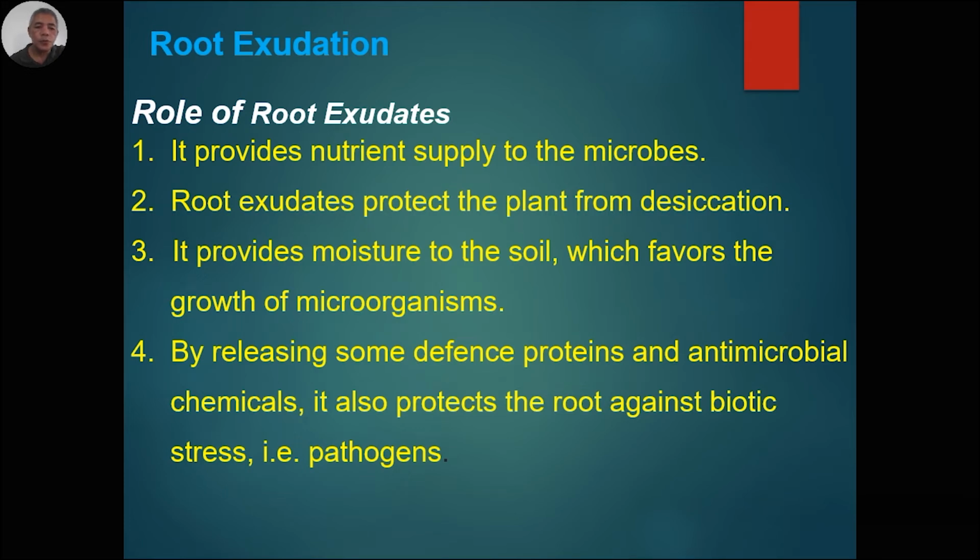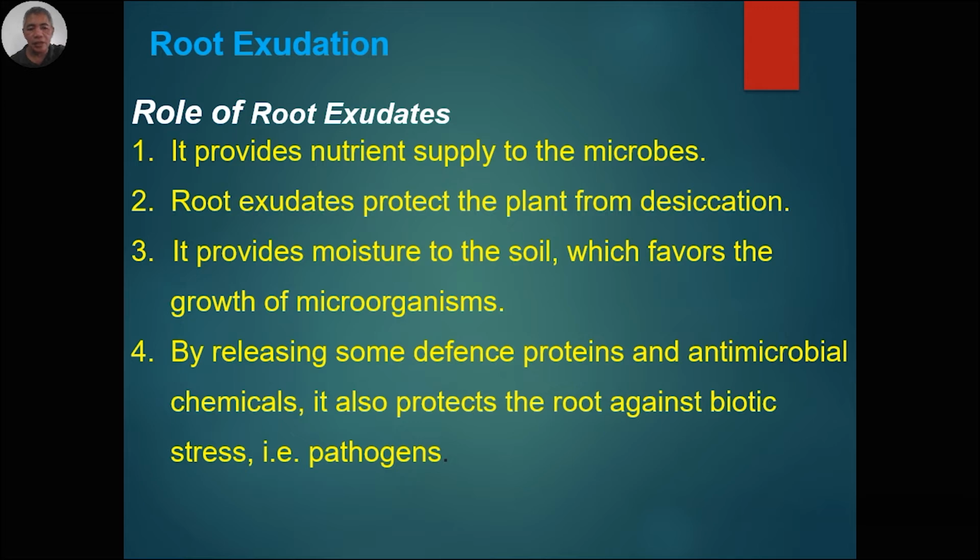What are the roles of root exudates? Number one, it provides nutrient supply to the microbes. You know, the microorganisms in the soil or in the rhizosphere will not survive without nutrients, and that is one of the roles of exudates.